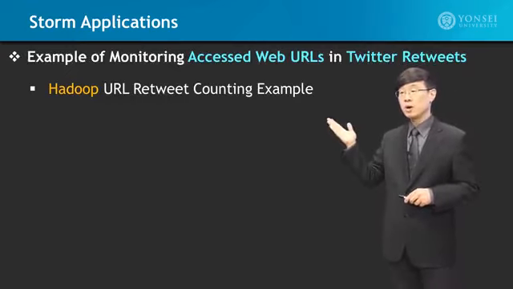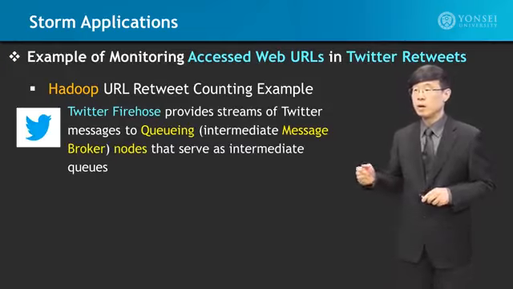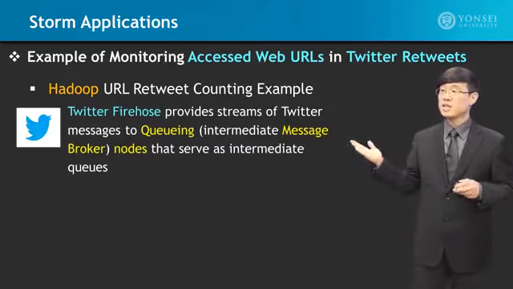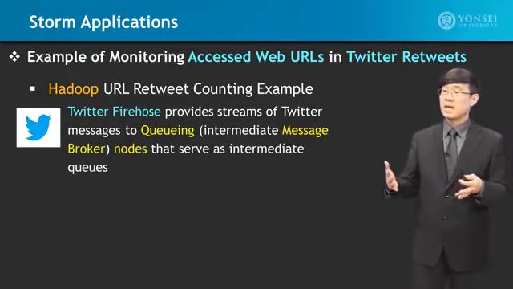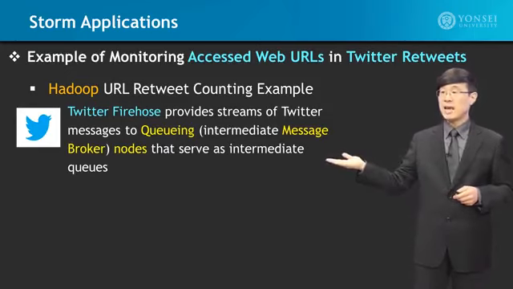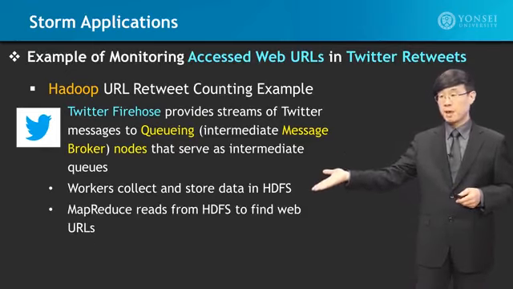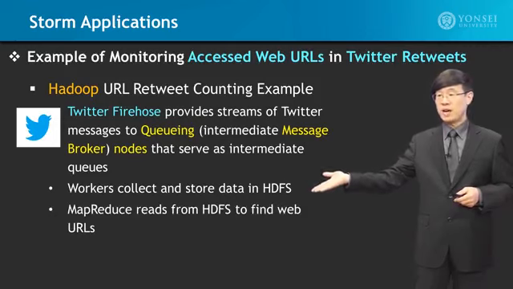Now we will look at a Hadoop URL retweet counting example. Here, the Twitter firehose provides streams of Twitter messages that need to be queued in an intermediate message broker node that serves as an intermediate queue. The worker collects and stores data in HDFS. MapReduce reads from HDFS to find web URLs.